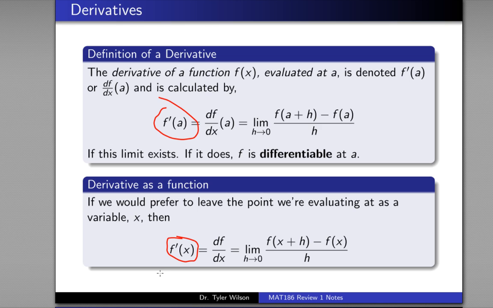But another version that you might have seen before, and sometimes is okay too, is f prime at a is also defined to be the limit as b goes to a of f at b minus f at a divided by b minus a.